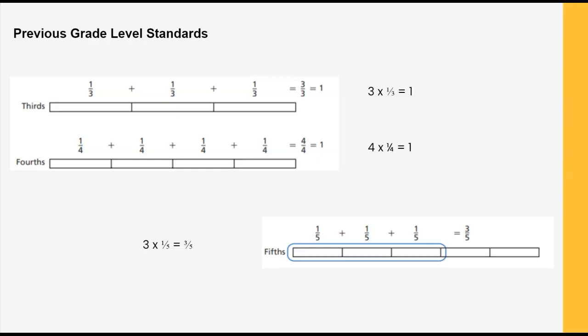And we have another example on the bottom here where I can add unit fractions 1/5, 1/5, and 1/5 to get 3/5, or I could represent that another way as 3 times 1/5 equals 3/5.